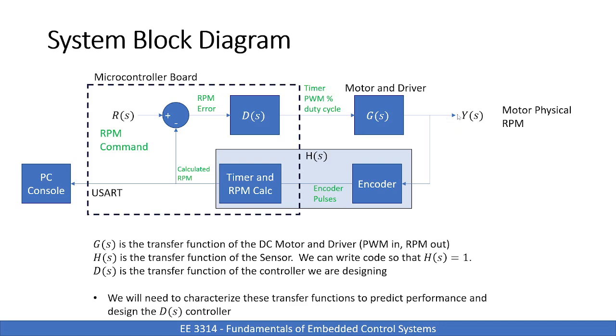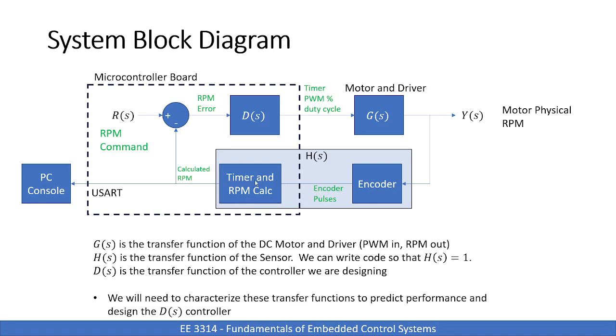Okay, so RPMs can then be sensed. This H of S is our feedback loop, and it consists of the encoder, which is interpreting actual physical RPMs to encoder pulses, and then we're using a timer in encoder mode and some calculations to generate a measured RPM value from that.